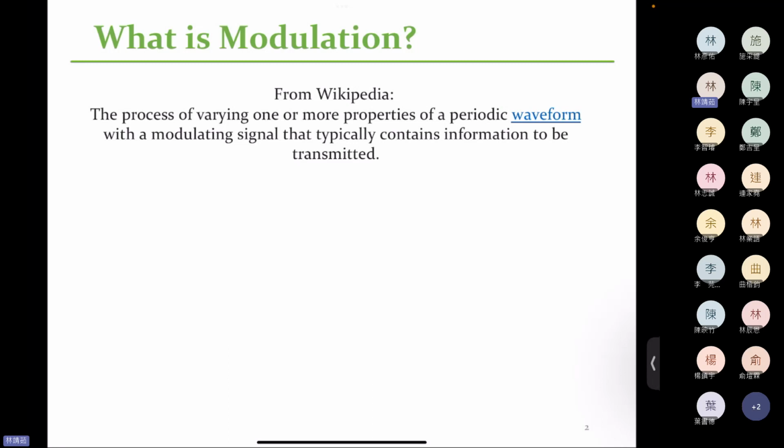From Wikipedia, modulation is just the process of changing one or more properties of a periodic waveform, such that we can modulate the signal using the typical cosine wave, right? So here is some visual example. Imagine that we have an electromagnetic wave, which is a sine wave or cosine wave.